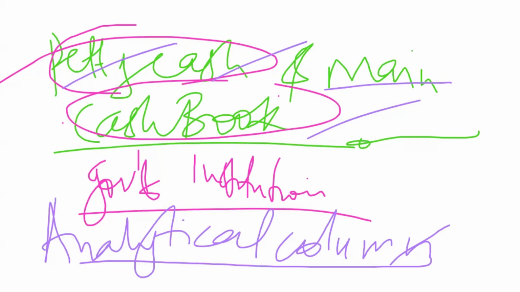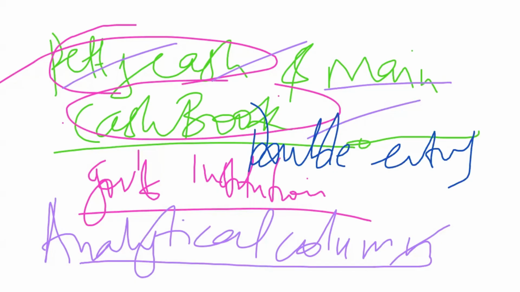practical question. However, before I give you the format or the layout of the Petty Cashbook, let me also make you understand that the Petty Cashbook also follows the double entry system.